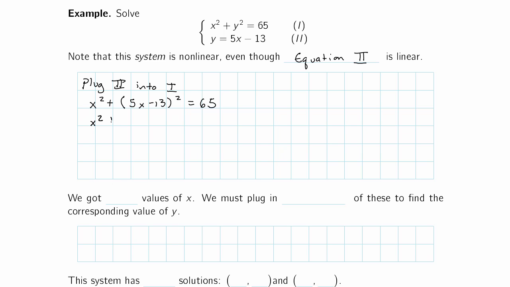X squared plus 5x all squared, that's 25x squared, minus 2 times 5x times 13, that'll be 130x, plus 13 squared, that's 169.